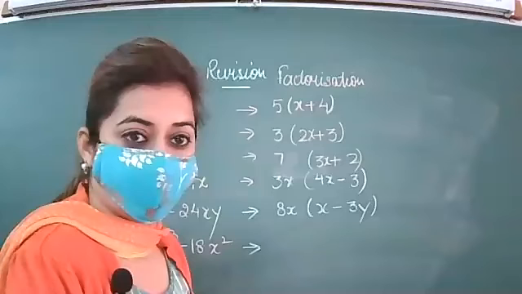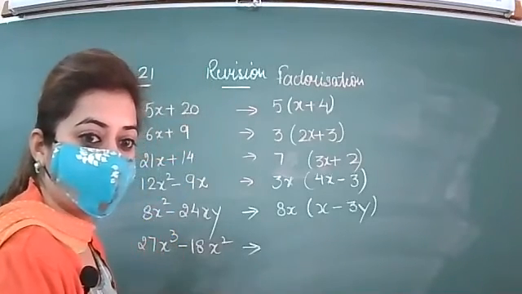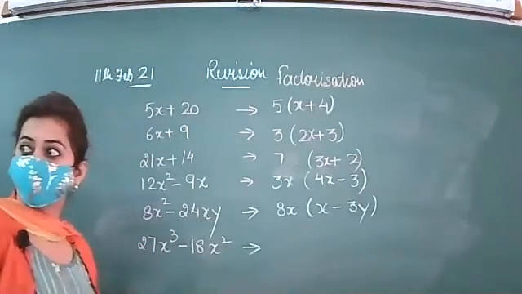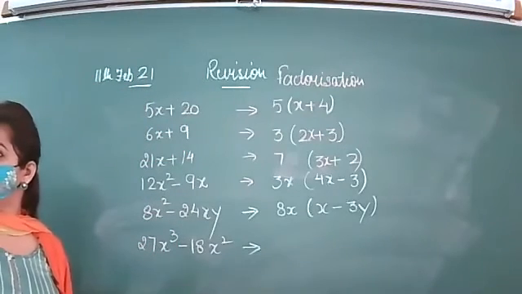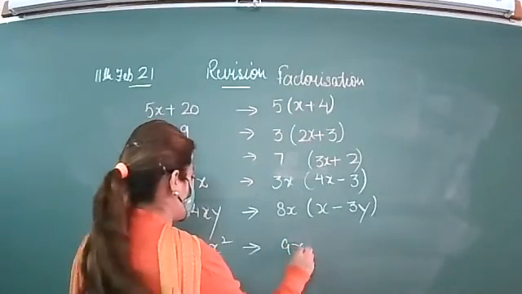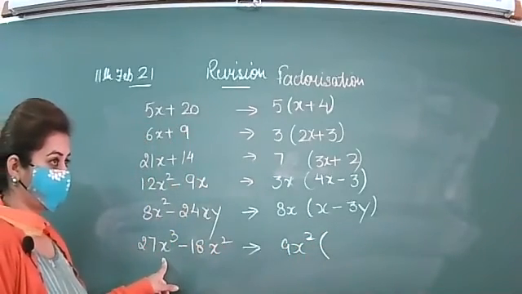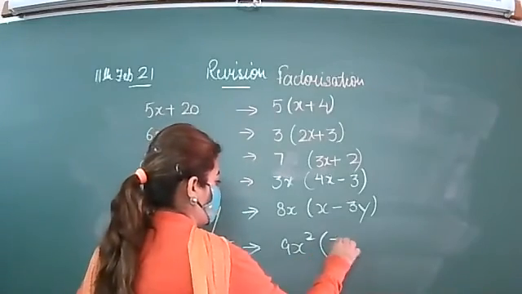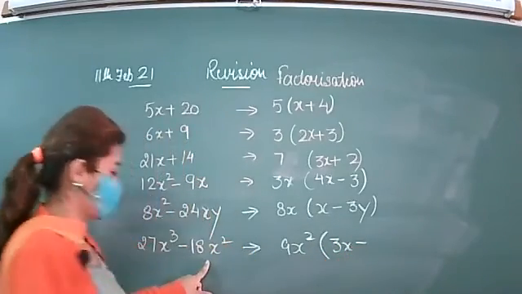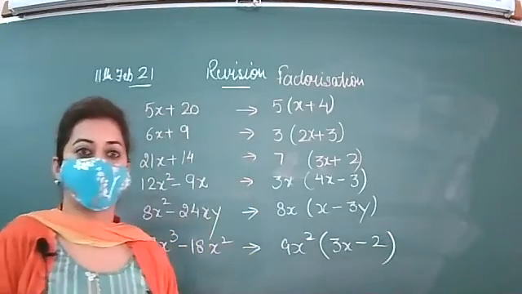Okay. Sahil? 9x square, x, 3x minus 2. Okay.